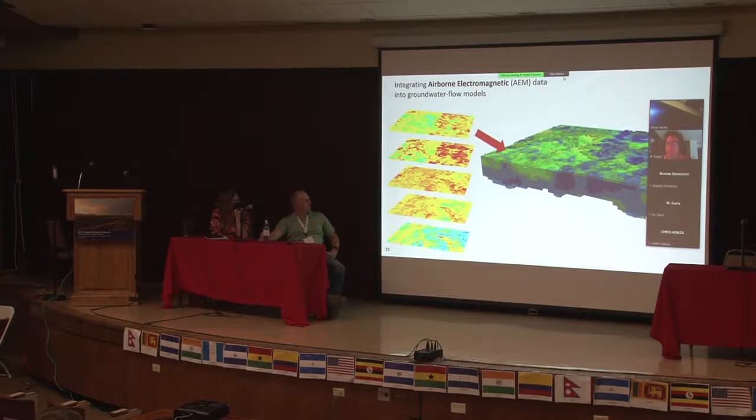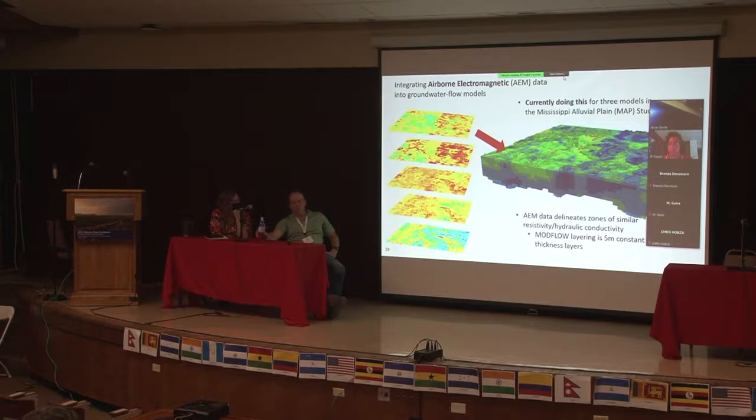This is actually a 3D picture here, taking the AEM data and adding it to my colleague Moose's groundwater flow model in Mississippi that was in that little yellow box. It's called the Shell Mound model. We're doing this same technique for the models that we're involved in, myself and my colleague Moose. Basically, we're taking that AEM data and using that for the vertical discretization of the model, and it's 5 meter constant thickness layers, which is a departure from traditional vertical layering in modeling, where you would outline a surface, kind of varying thickness throughout the model domain.